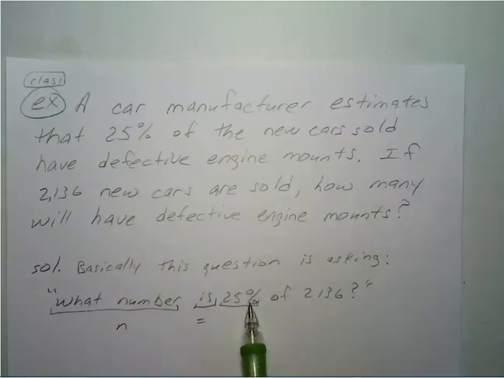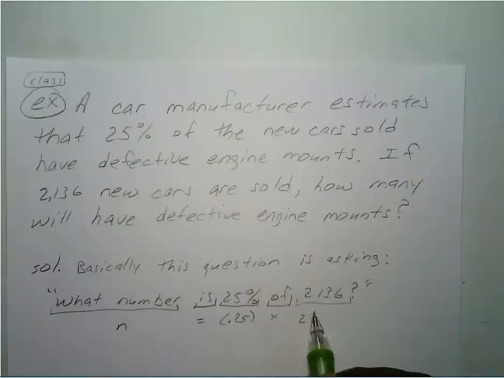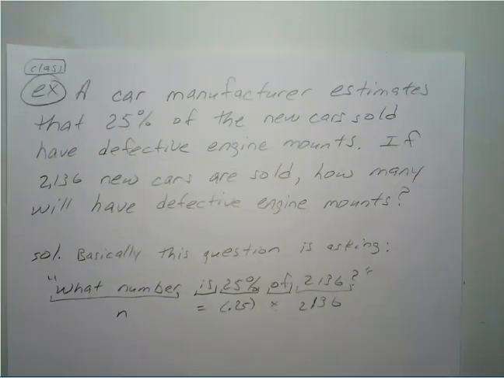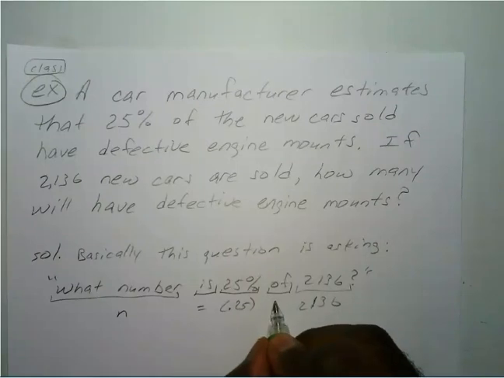Remember, when using this method, the equation method, you have to convert the percent to a decimal, of 2,136. Remember, of is just multiplication. So you can use the X, or if you wanted to avoid confusion, you can use the dot.